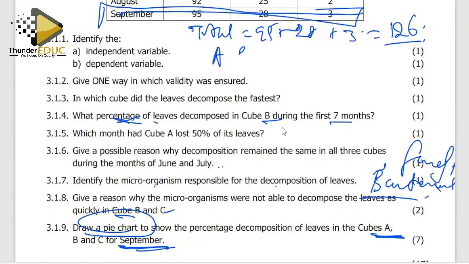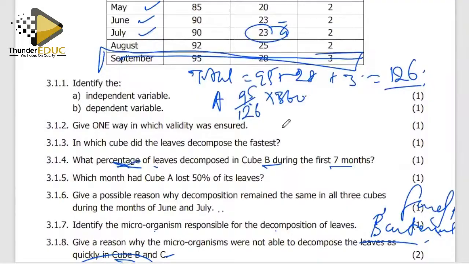Now for A it is 95. So it's 95 out of 126 times 360. You understand? So that I'm able to change it into degrees.